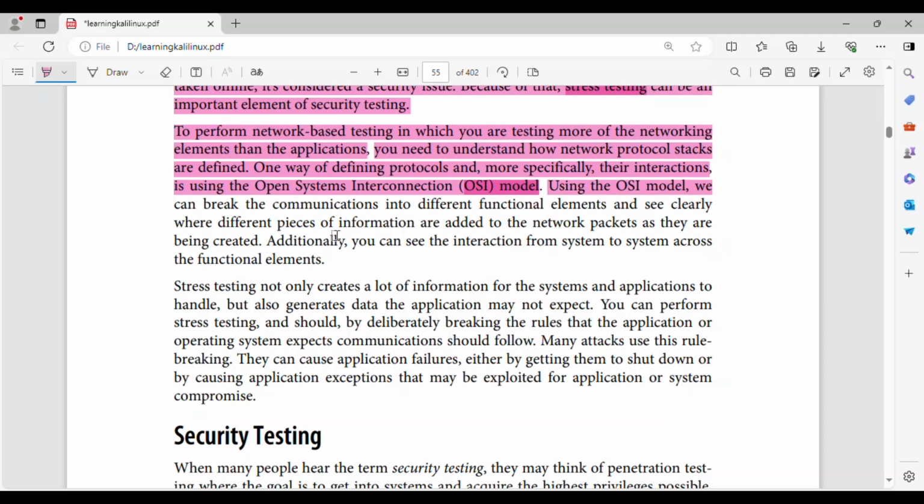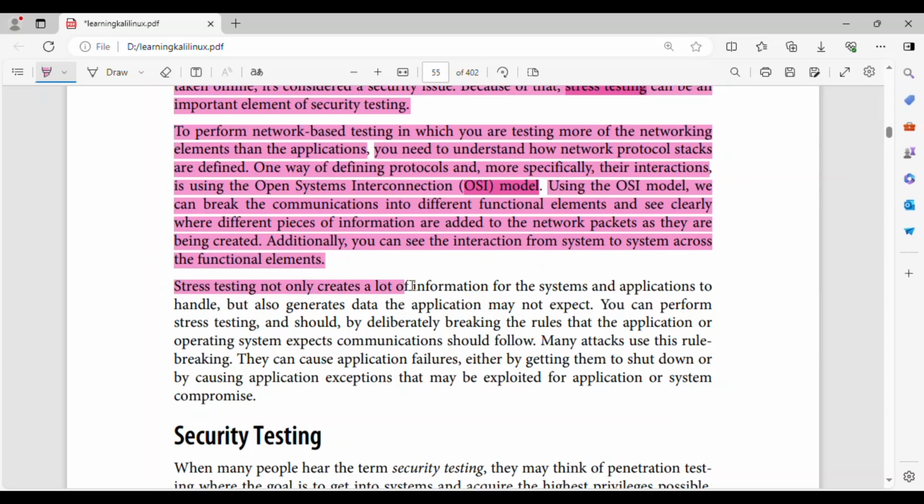Using the OSI model, we can break the communications into different functional elements and see clearly where different pieces of information are added to the network packets as they are being created. Additionally, you can see the interaction from system to system across the functional elements.